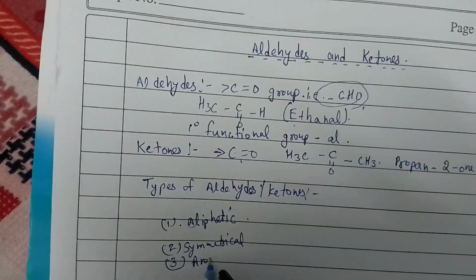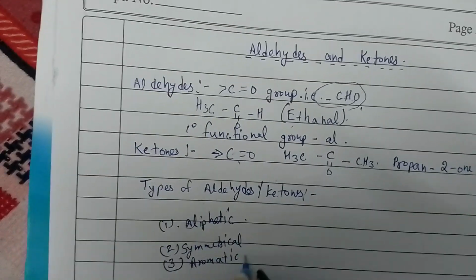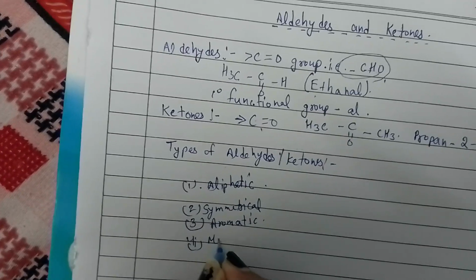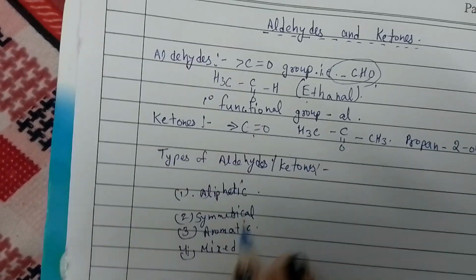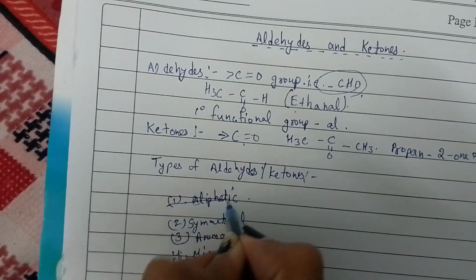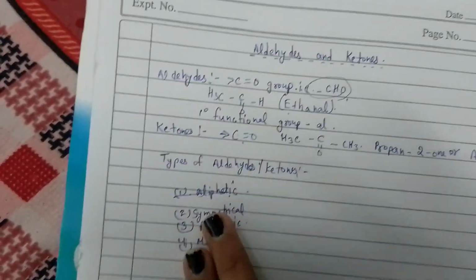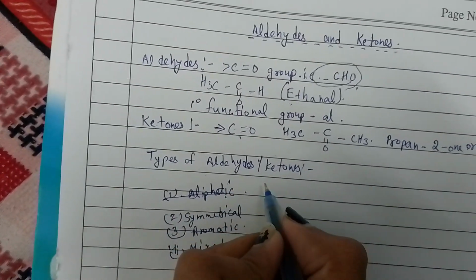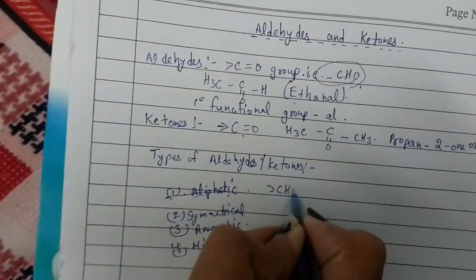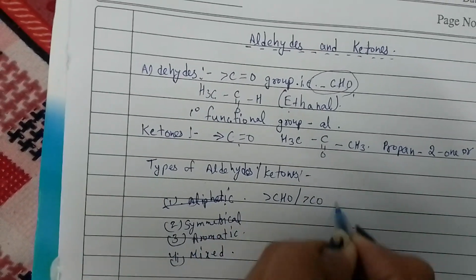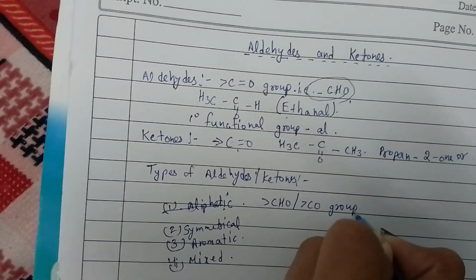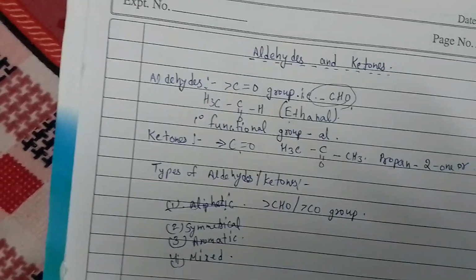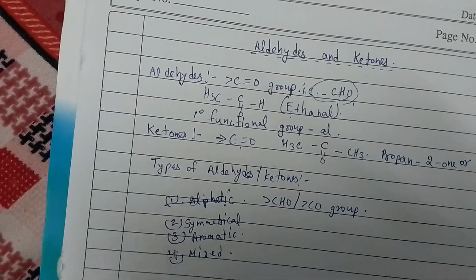Next is aromatic, mixed. The first one is aliphatic. In aliphatic aldehyde and ketone, the CHO and CO group is present on an alkyl group, they are called aliphatic aldehyde or aliphatic ketone.